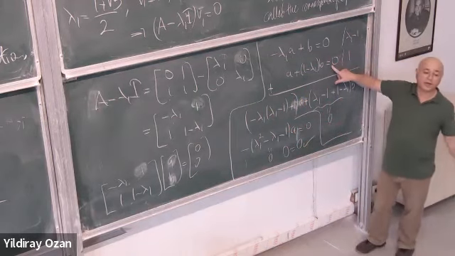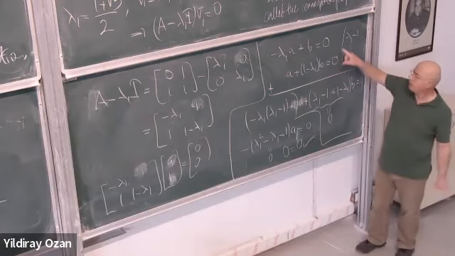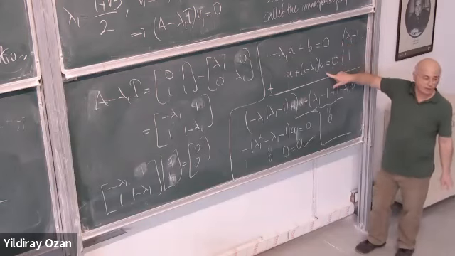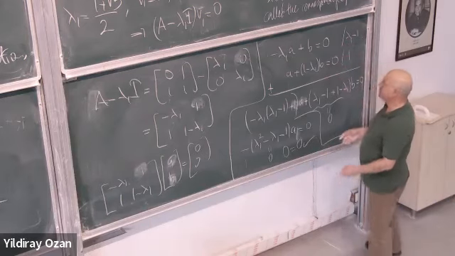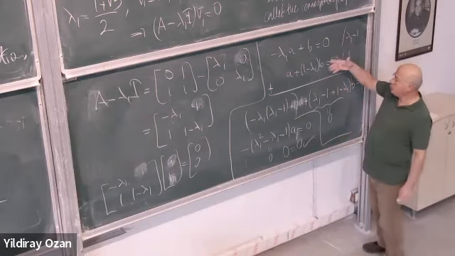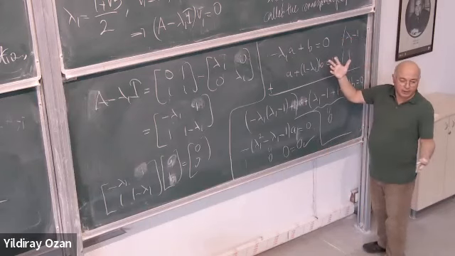These two equations are the same. If you multiply this with this constant, just multiply with -1, you get the same equation. So these two tell us the same thing.